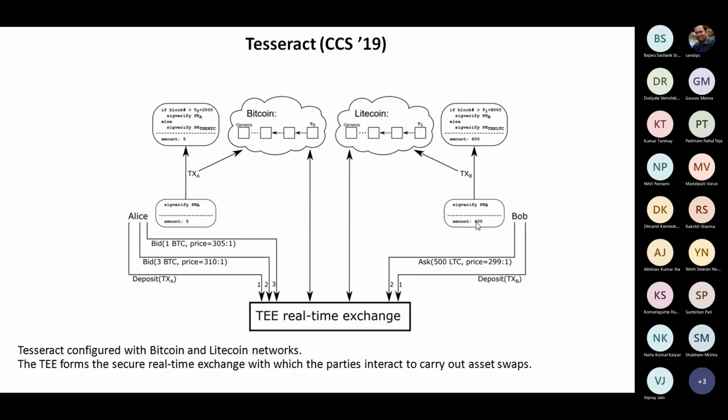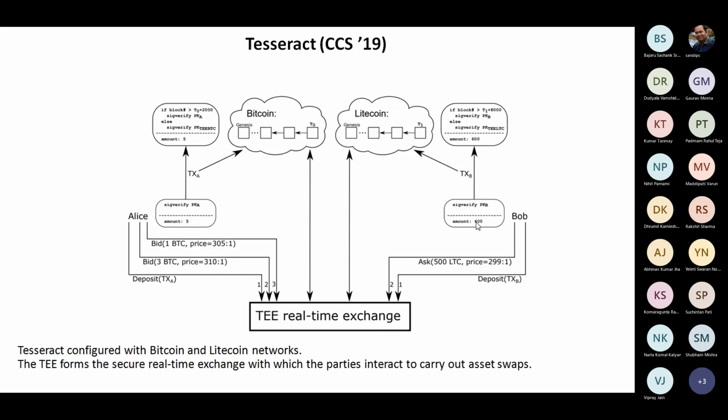Once Alice has paid, she cannot take back those, because then there might be cases, as I said, of double spending and all. So this will be available with the Tesseract exchange, and within that, there will be a sufficient number of blocks under which it will be buried. So all sorts of such selfish mining attacks and all the other types of attacks that we have talked about will not be able to work, because the money will be with Tesseract till that time.